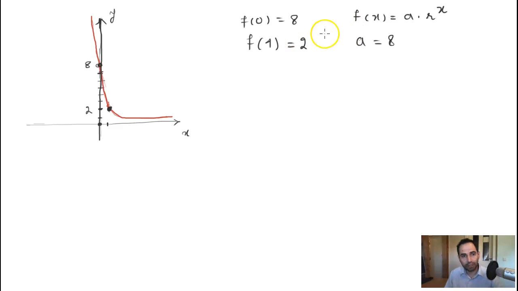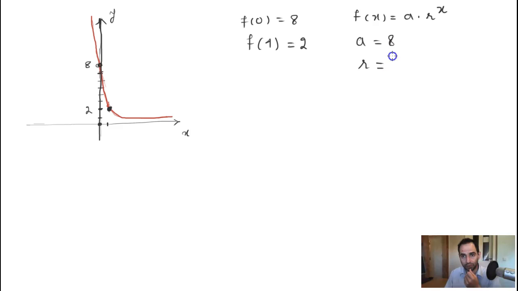And your r is basically found from two successive terms for two successive inputs. You consider the two outputs and then you divide them. For example, here you have f of 0 and f of 1. You divide f of 1 by f of 0 and you will get your r.